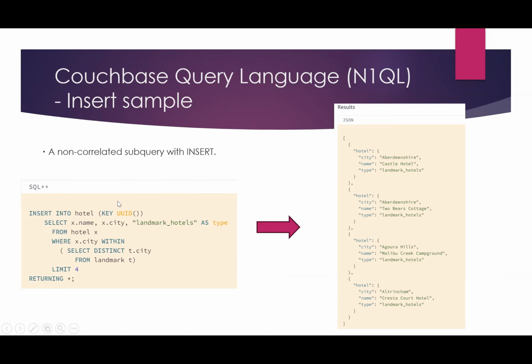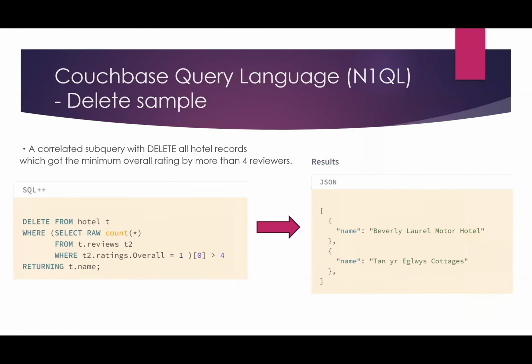In this example, you can see we select the city and name of hotels where the cities are in the landmark document, along with the new data type, to insert this data into the hotel document. You can see here this is the result. And let's see the next one, number 8.